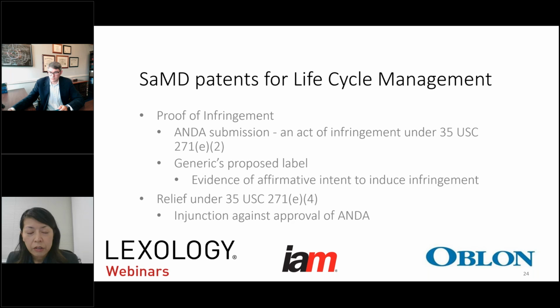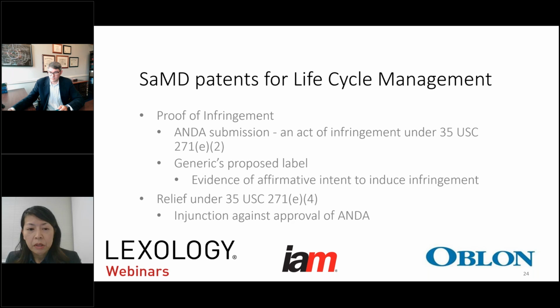So it actually recommends encouraging the infringing act based on the use of the label. So the label itself could be evidence of the affirmative intent to induce infringement. So this is a theory that would be favorable if it's applicable to the situation.